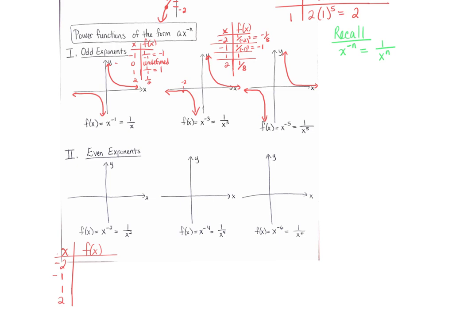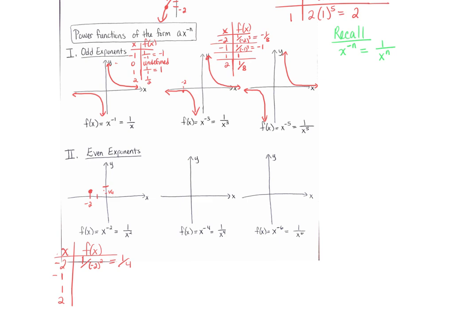Okay? So whenever you substitute in -2, you have 1 over -2 squared. That gives us 1 over 4. So when x is -2, your y value is 1/4. So if that's 1, 1/4 is somewhere around there.